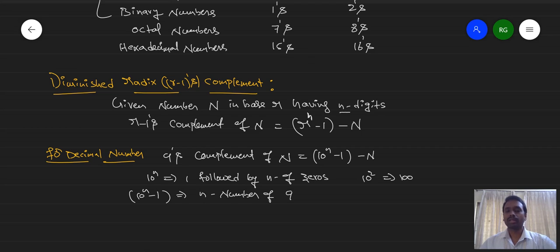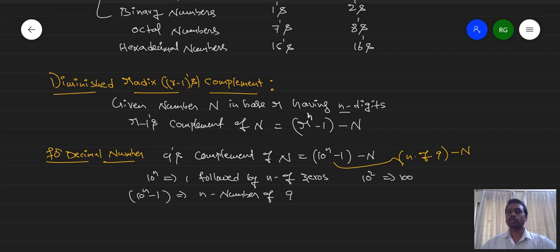So if you want to find the nines complement of a number, this 10 power n minus 1 is nothing but n number of nines. From that n number of nines, I am subtracting my actual number.